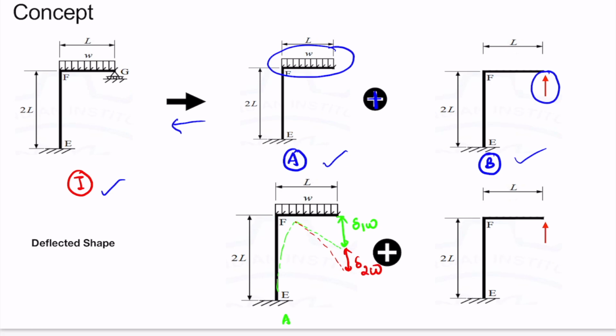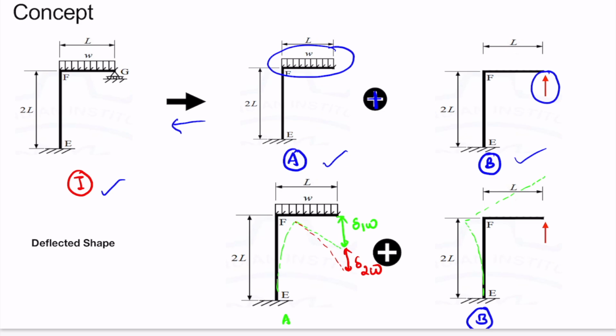Similarly, we will see structure B and how it gets deflected. For this type of load, a point load, let's see the deflected shape. The column will deflect like this. Since the joint F is rigid, we have to maintain a 90-degree angle, hence the shape will be like this.